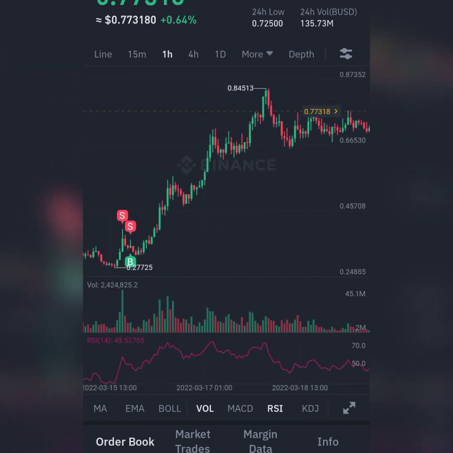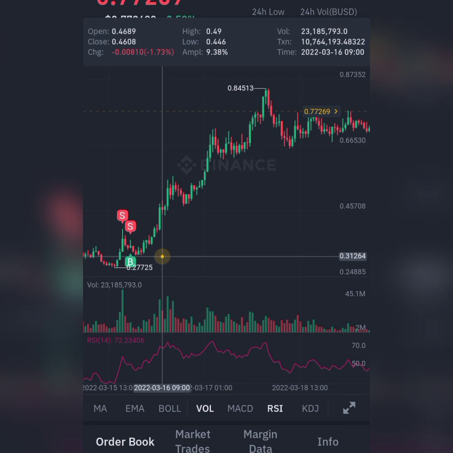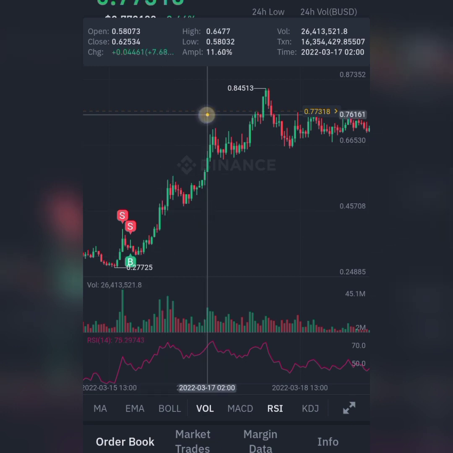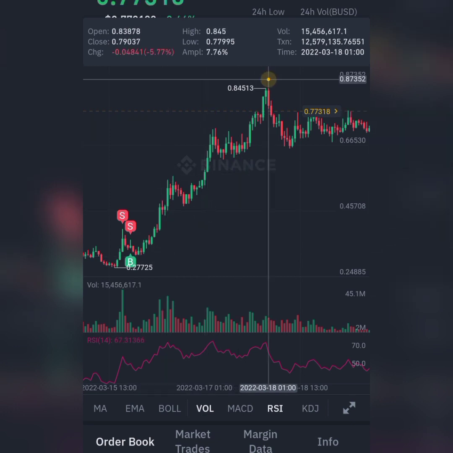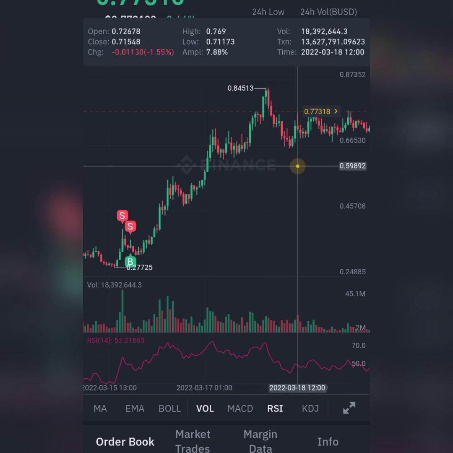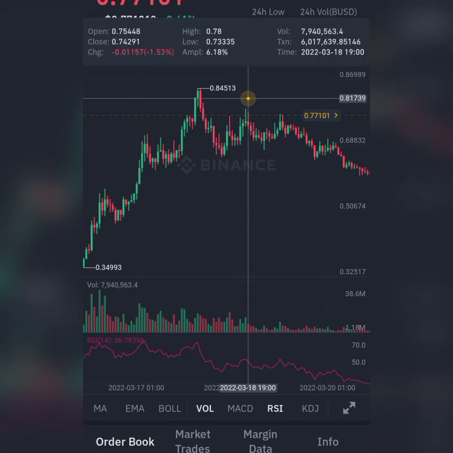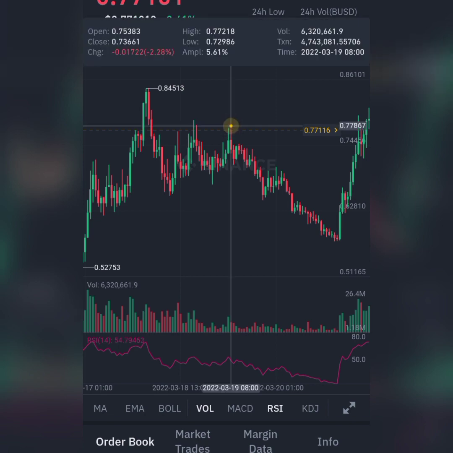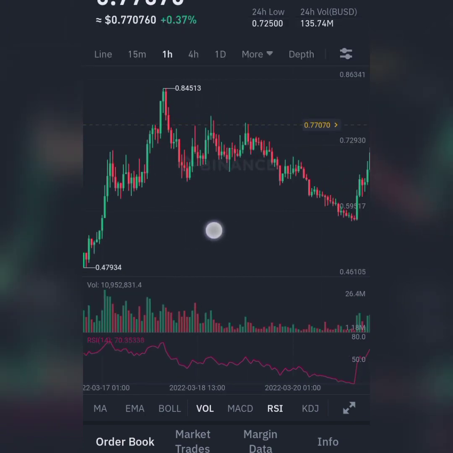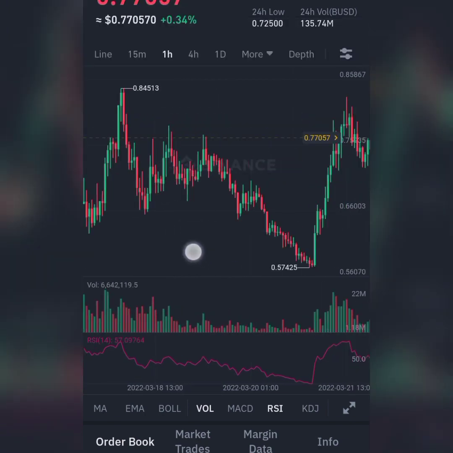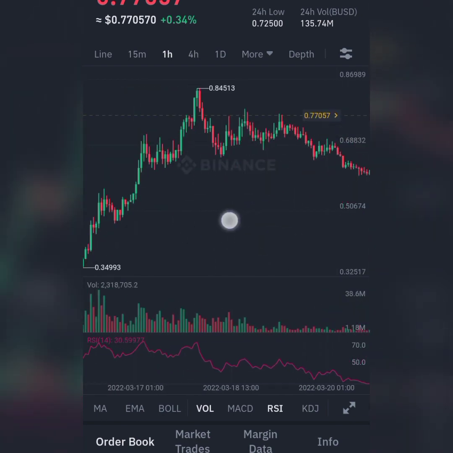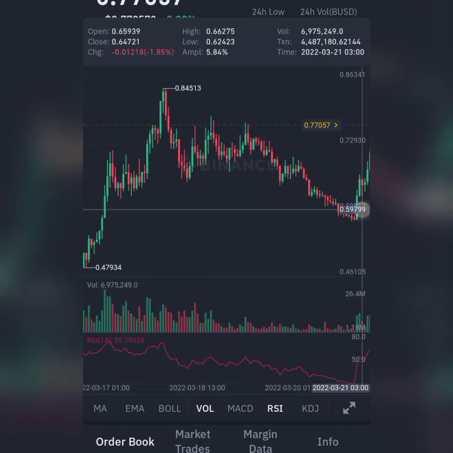You can see here higher high, higher low, higher high, higher low, higher high, higher low, but it couldn't beat this 0.84513, and then it retraced back. It tried to go up again, but it couldn't. It tried again and couldn't. And then the price came down from here to here.